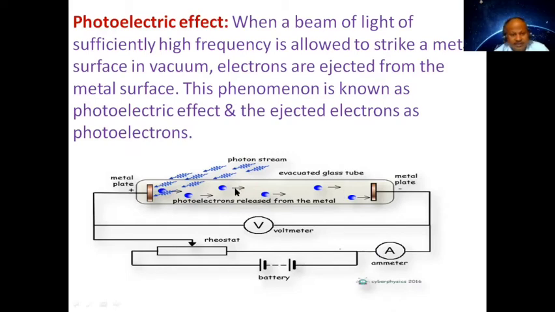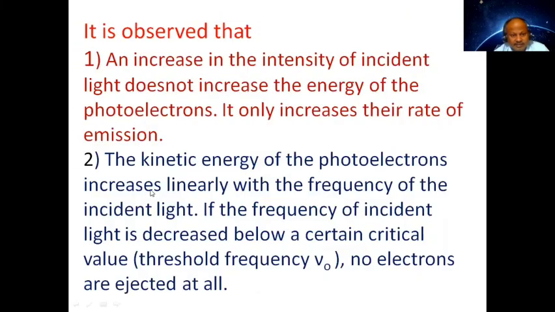And secondly, the kinetic energy of photoelectrons increases linearly with the frequency of the incident light. If the frequency of incident light is decreased below a certain critical value, that is the threshold frequency, no electrons are ejected. The kinetic energy of these photoelectrons increases, no doubt, linearly with the frequency of incident light.